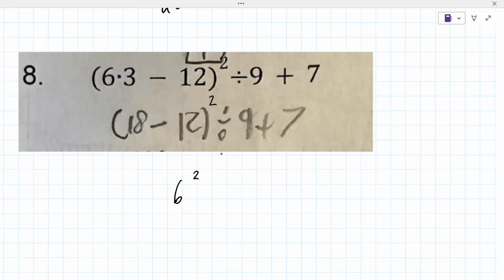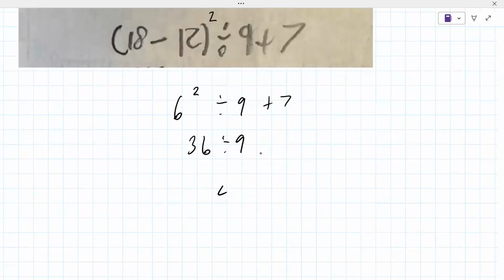So that's 6 squared. So 36 divided by 9, that's 4, plus 7 is 11. Yeah, I just didn't see the square. 64. Okay. 24 minus 9.